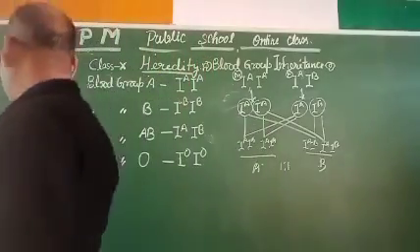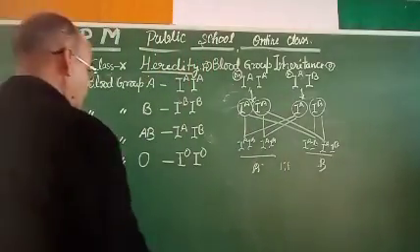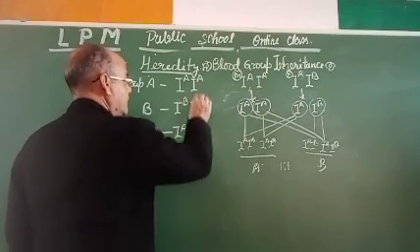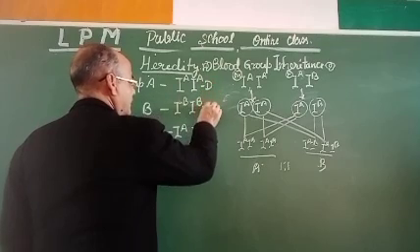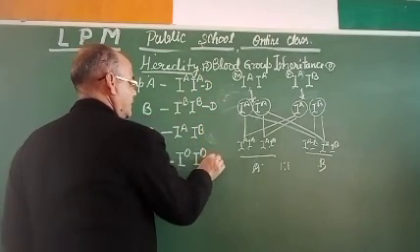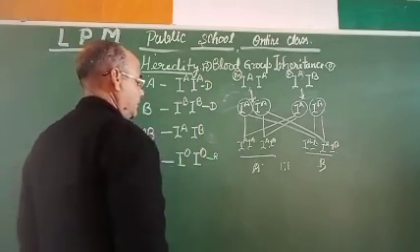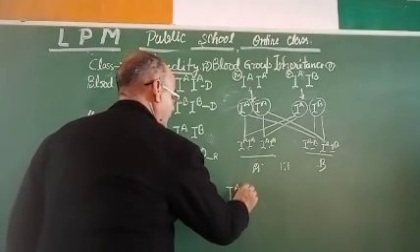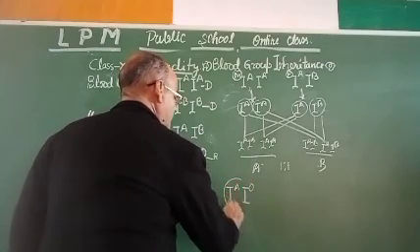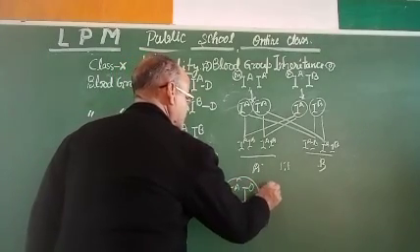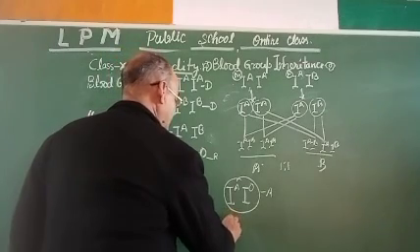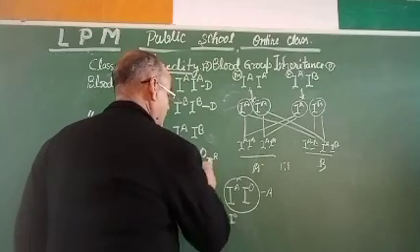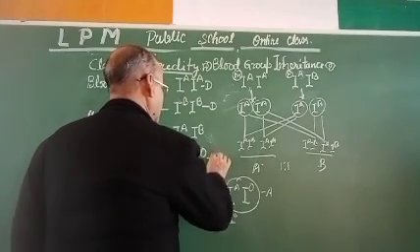One thing more, my dear students, that this blood group O is recessive. This is dominant, this is recessive. Because if there is a blood group IA and IO, then this will be the blood group A. If there will be IO and IO, that is blood group O, this is recessive.